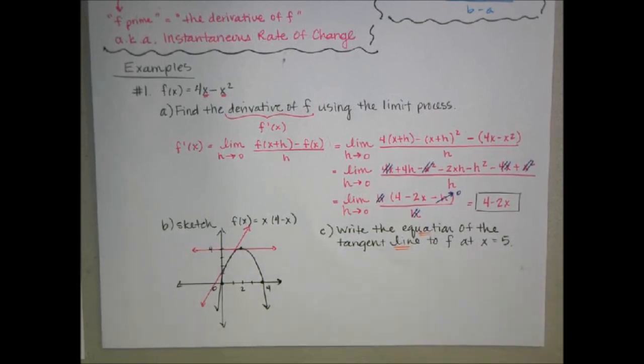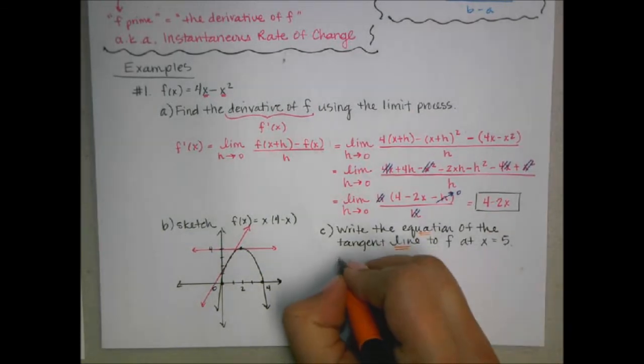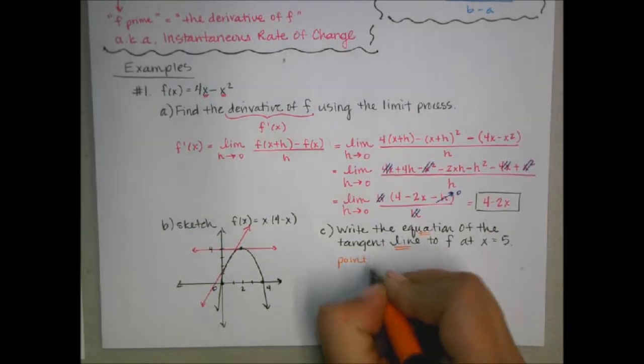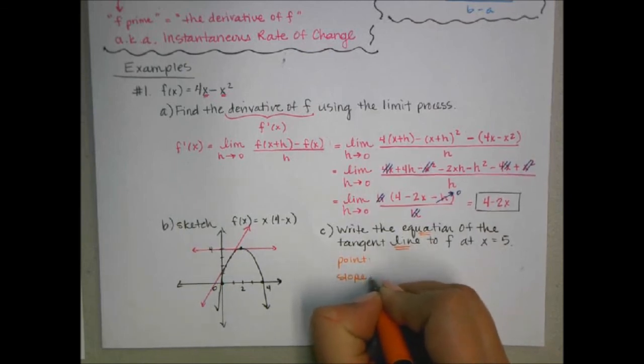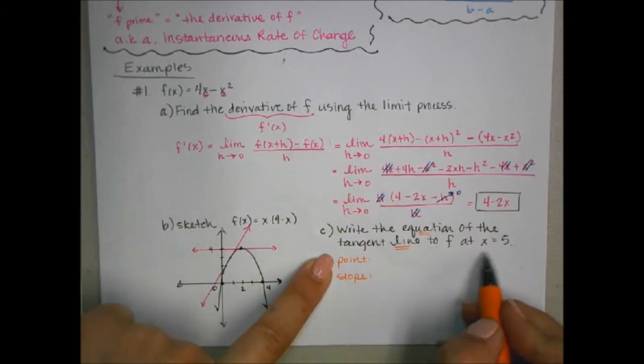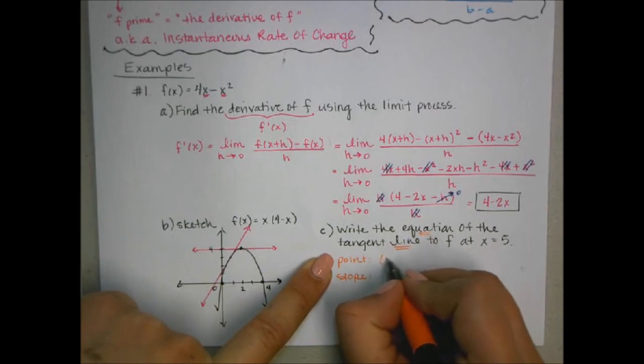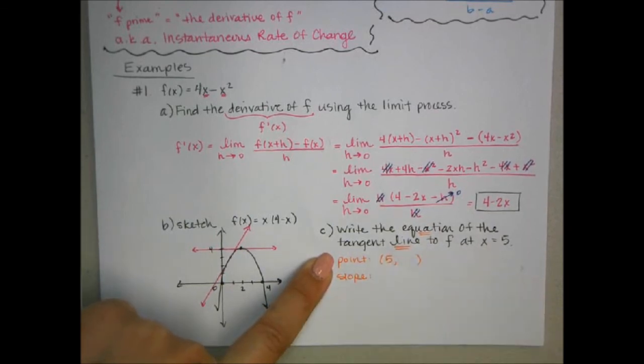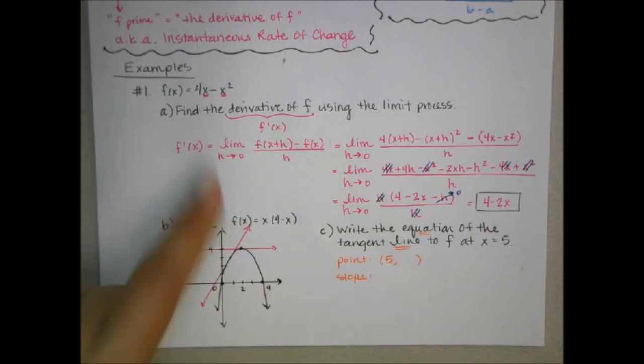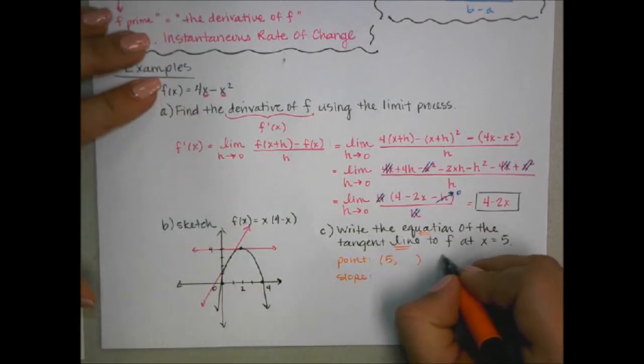Okay, those two things are point and slope. So for my point, I know x has to be 5. So 5 what? So to figure out the point, it's a point on my function. So I want to plug 5 back into the original function. So f of 5.